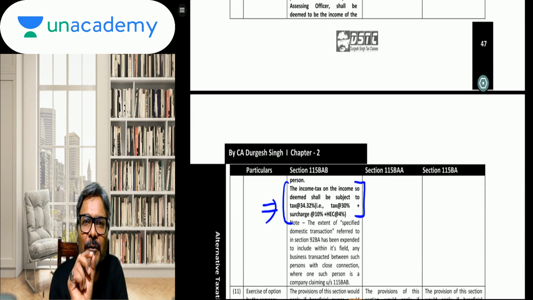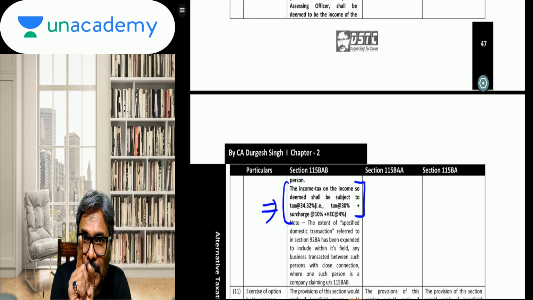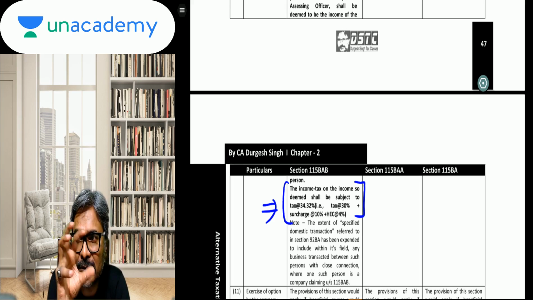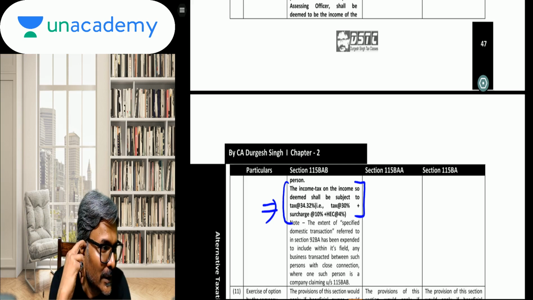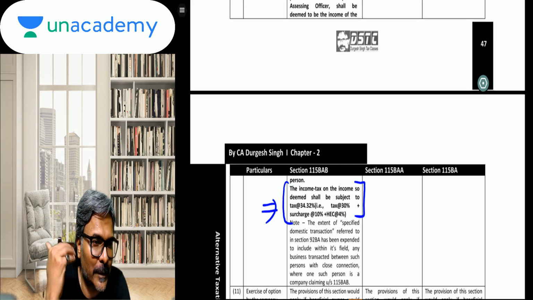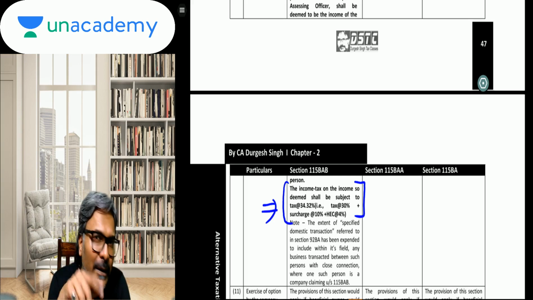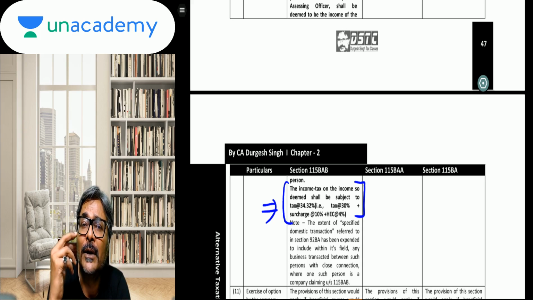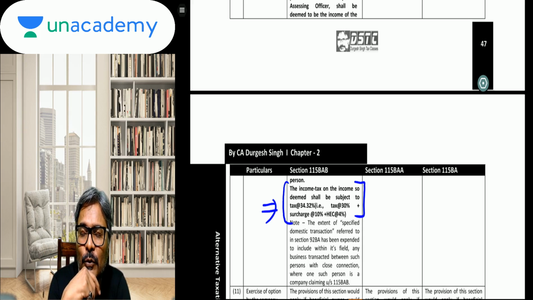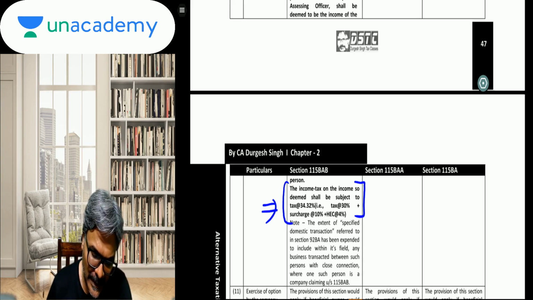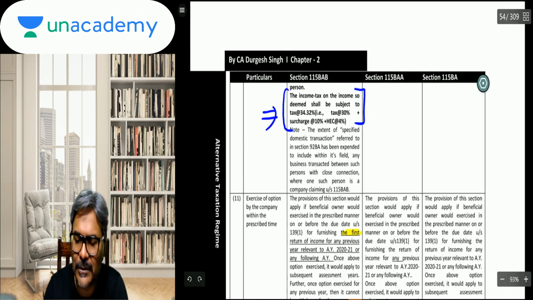34.32. So the profit which the AO will compute, because with the close associates, the person with whom you have got a close connection, you have entered into a transaction wherein the profit is not as per the arm's length price or at the fair market value, then the profit so computed by the assessing officer, don't expect that on that enhanced profit computed by the AO in this transaction with the person with whom you are having a close connection, you don't expect that on these transactions now the rate that would be applicable would be what? 17.1.